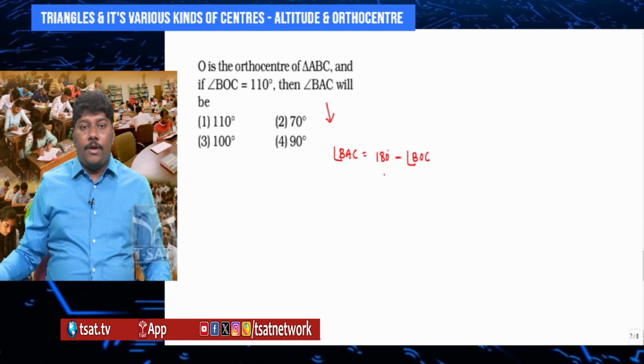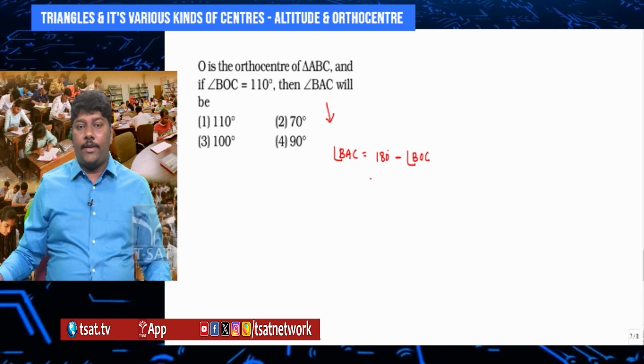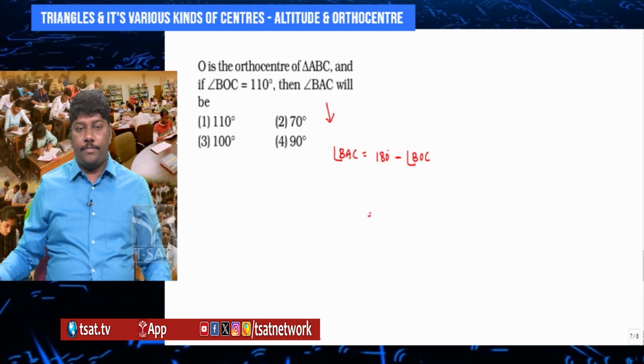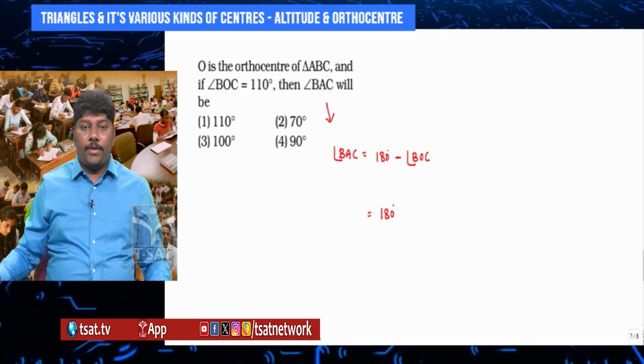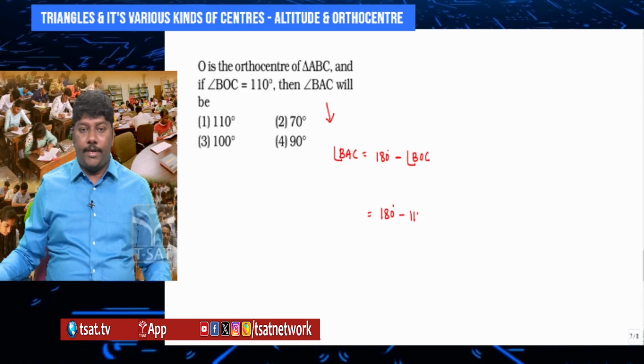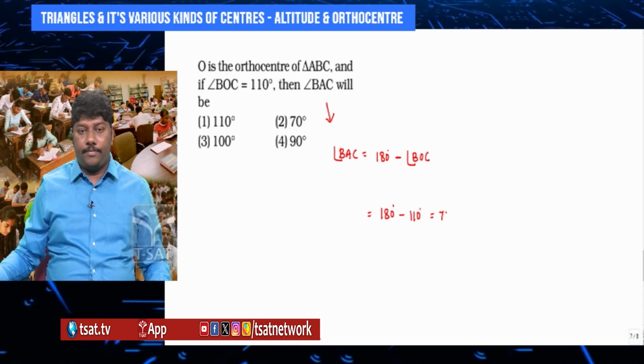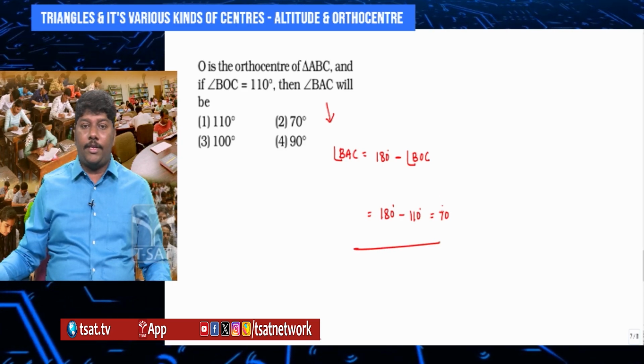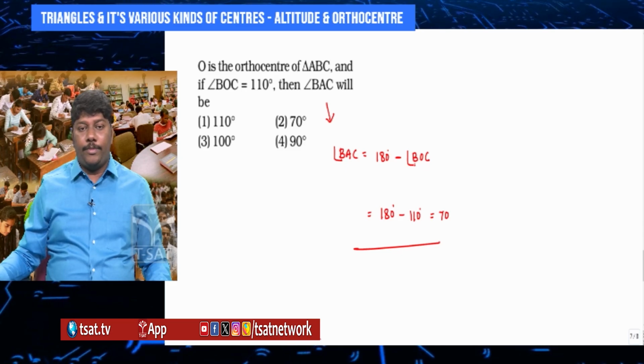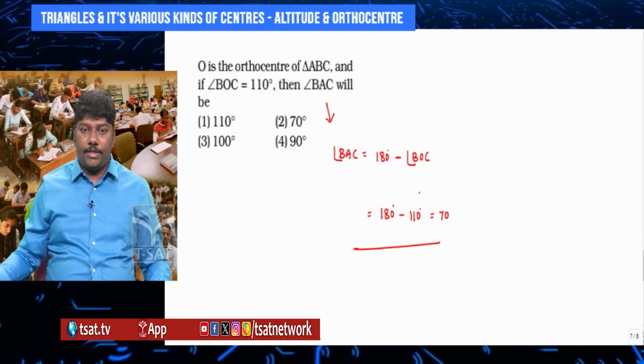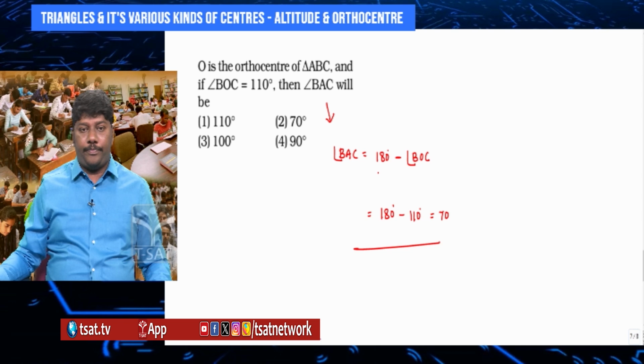If I ask you angle BAC, then it is 180 minus BOC. So, it is vice versa, 180 minus 110, which is equal to 70. If I give you angle A 70, then BOC becomes 110. If I give you BOC is equal to 70, then angle BAC is equal to 110.